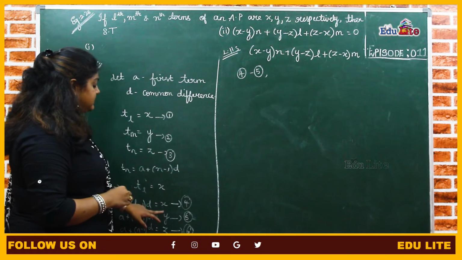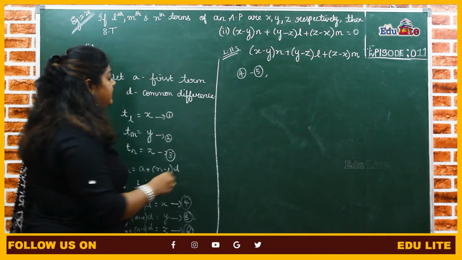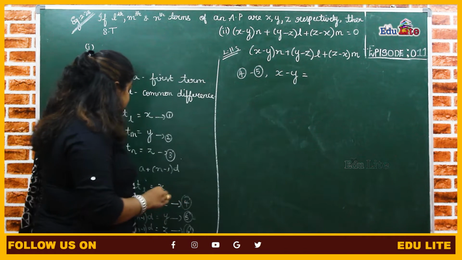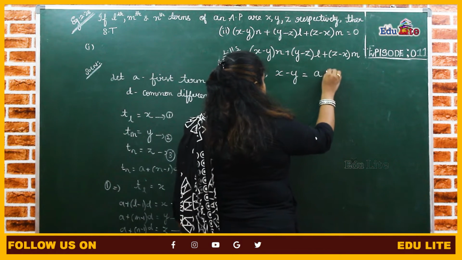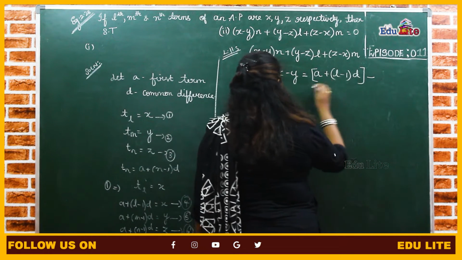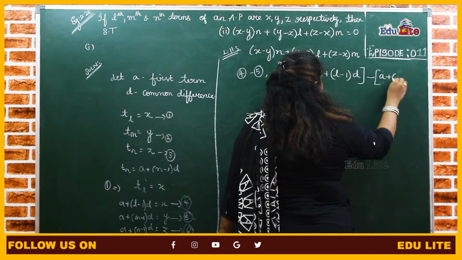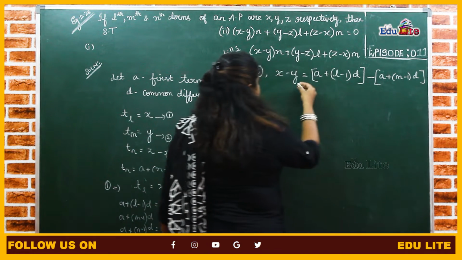Fourth equation, the left hand sides of 4 and 5 is x and y. So 4 minus 5 it is x minus y, and on the other side it is a plus l minus 1 into d minus a plus m minus 1 into d. We have to simplify this.